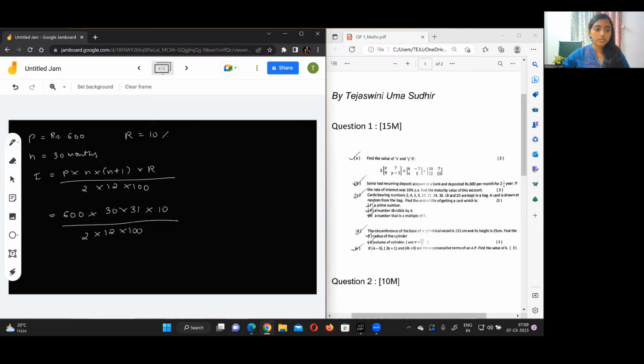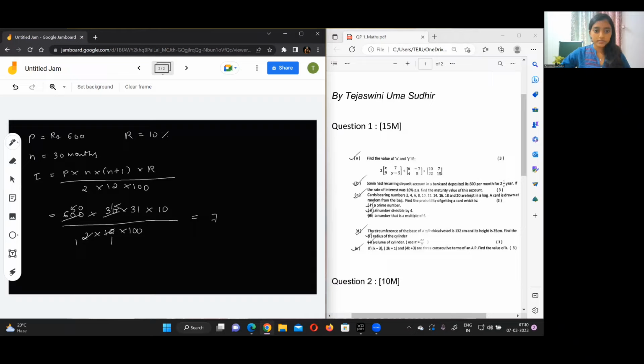So we can cancel: 2 ones are 2, 2 fifteens are, then 12 ones are 12, and 12, 24, 36, 48, 60. So 50s are, and then 15 into 5: 15, 30, 45, 60, 75.